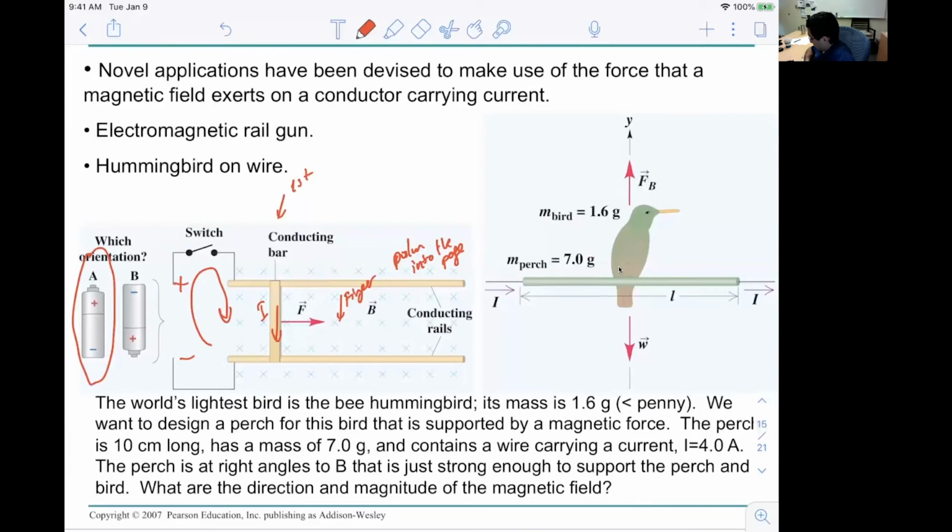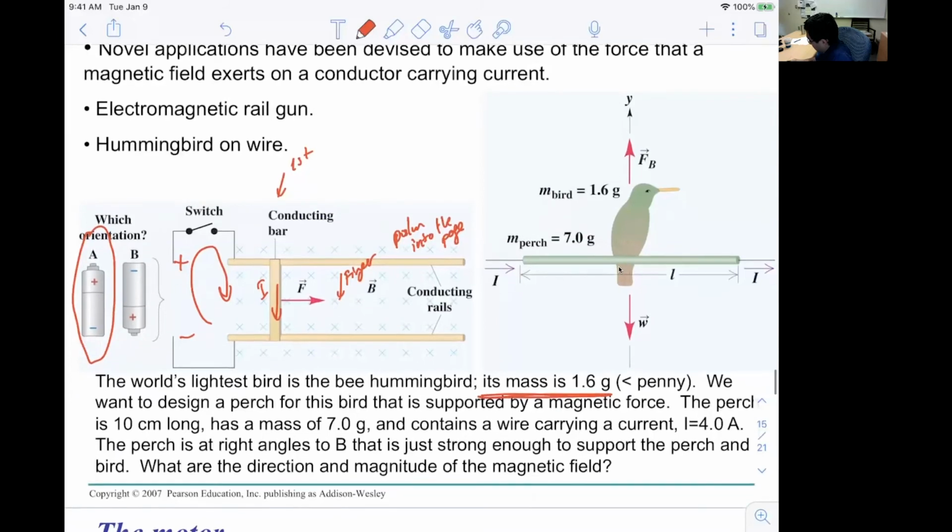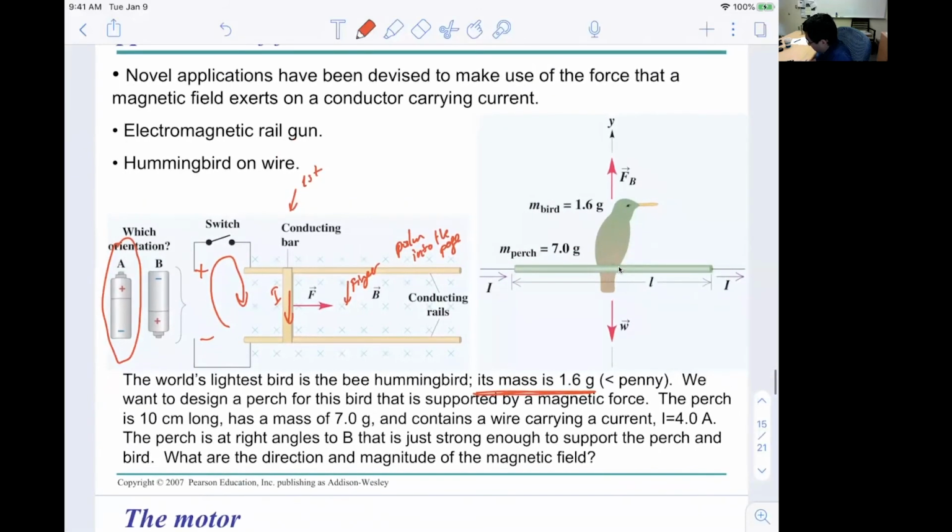And you have another problem. You have a bird, and we would like to suspend the bird in the air by the magnetic field. The mass of the bird is 1.6 grams, and the wire is 10 centimeters long with a mass of 7 grams.